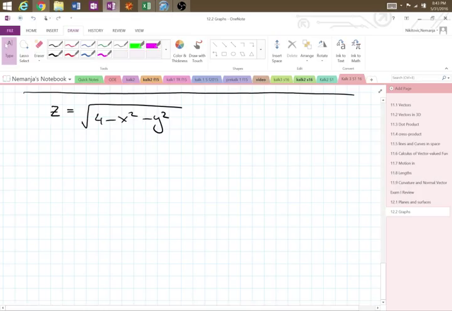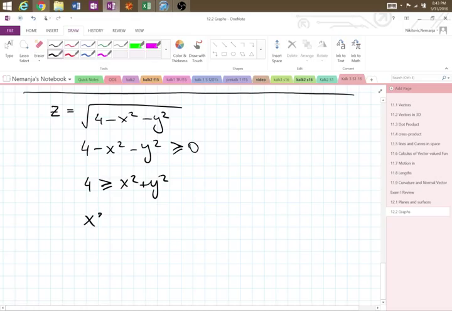Since this is a square root, we are going to say 4 minus x squared minus y squared greater or equal than 0. Then we move x squared, y squared to the other side.